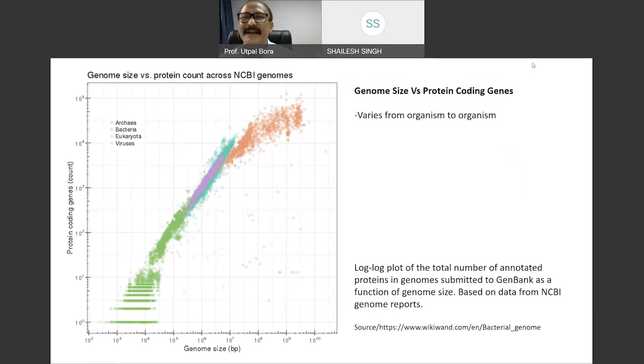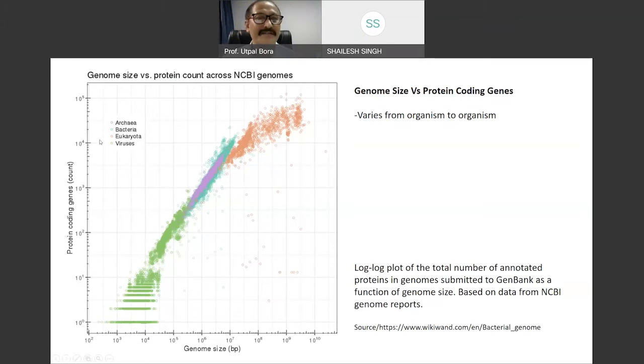Okay, now this is a figure representing the genome size on the x-axis and the protein coding genes on the y-axis. So, a plot of genome size versus protein coding genes.